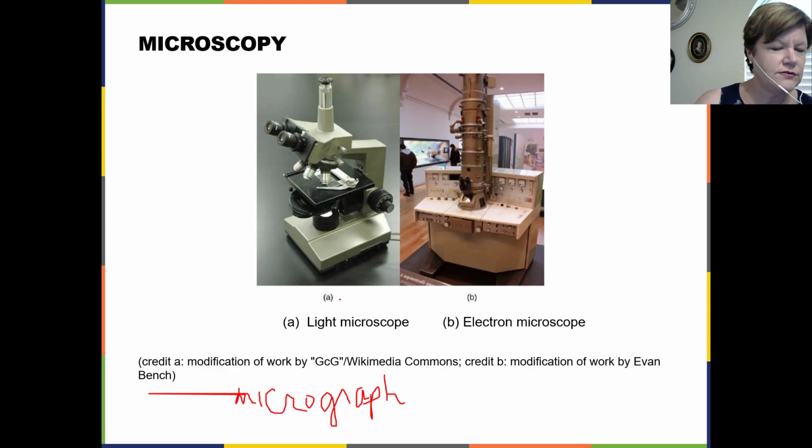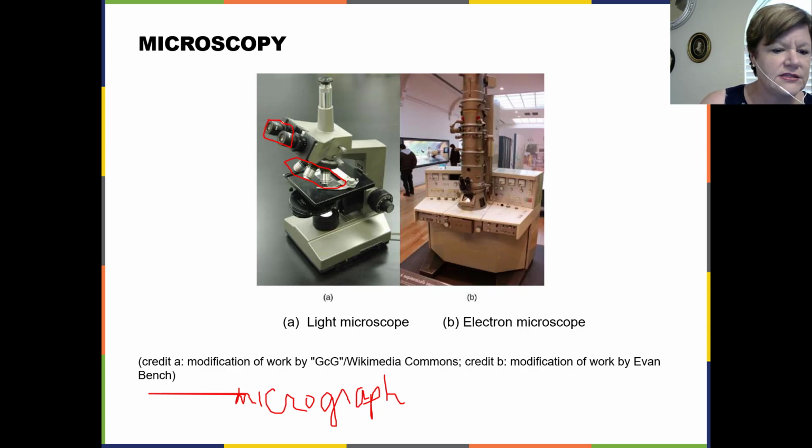So in any case, you have two types of microscopes. The ones we would have used in lab would be the light microscope, sometimes called the compound light microscope. You have objective lenses of different magnifications on the nose piece. Those are here. And then you look through the eyepiece here, or the ocular.